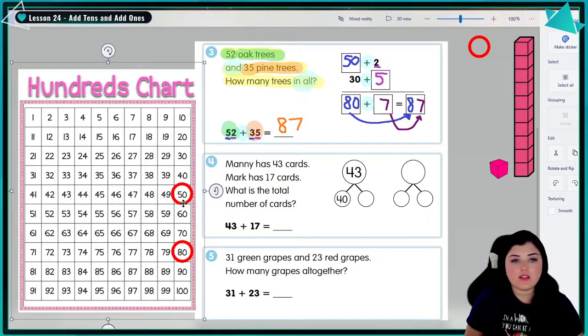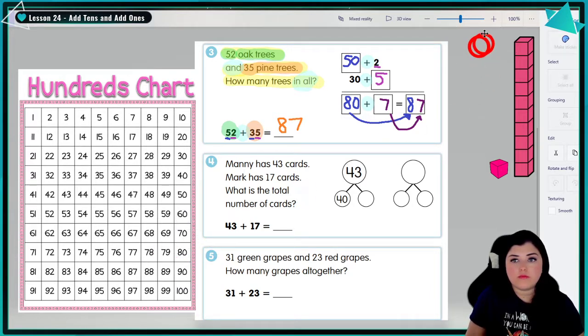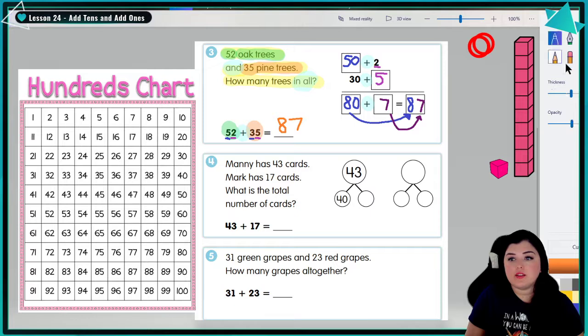Now let's look at the next question. It says, Manny has 43 cards. Mark has 17 cards. What is the total number of cards?